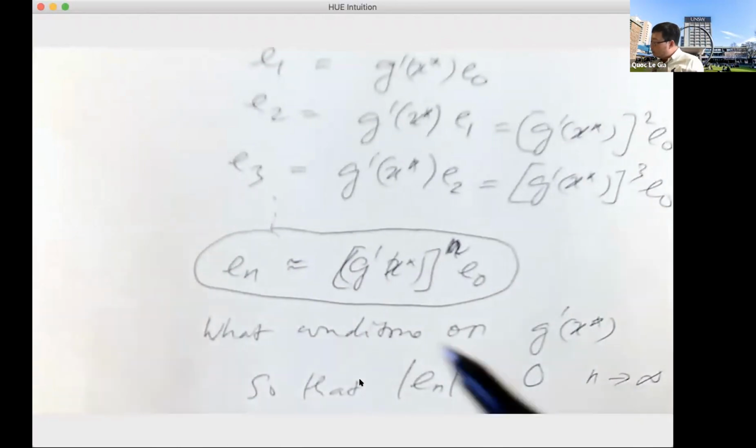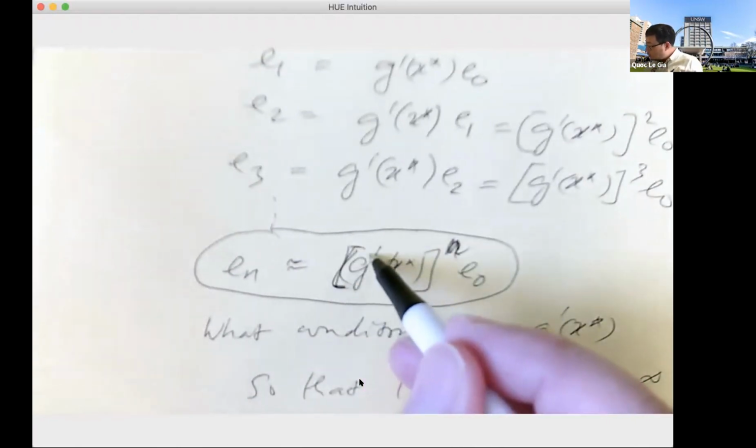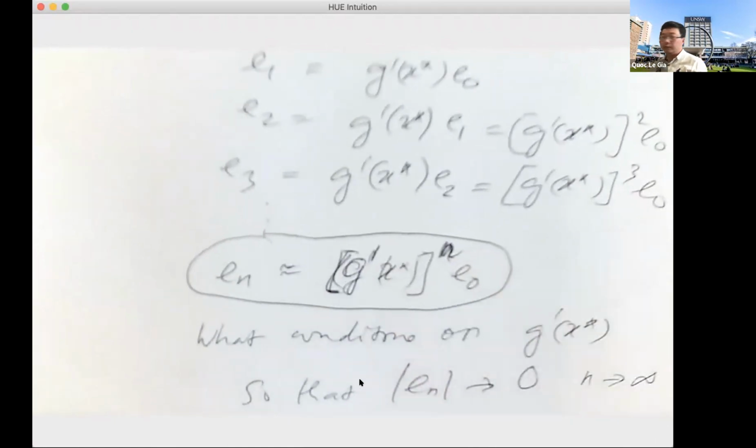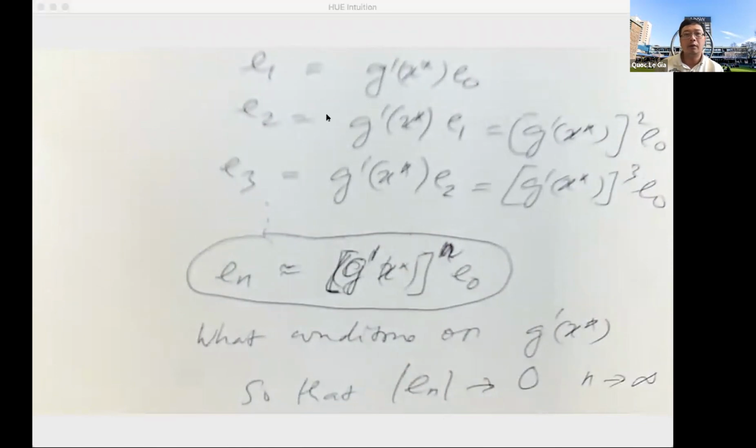So you see the last equation, yeah? The last equation is g'(x*) to the power n. So what condition do we want? Yes, exactly.